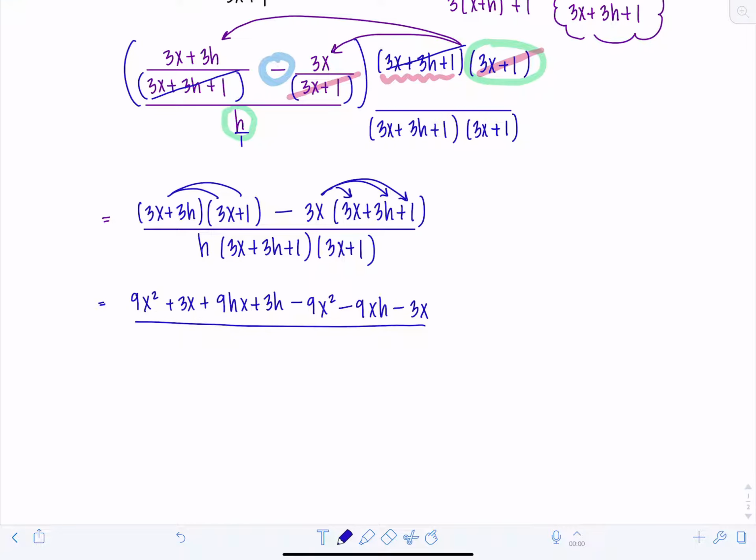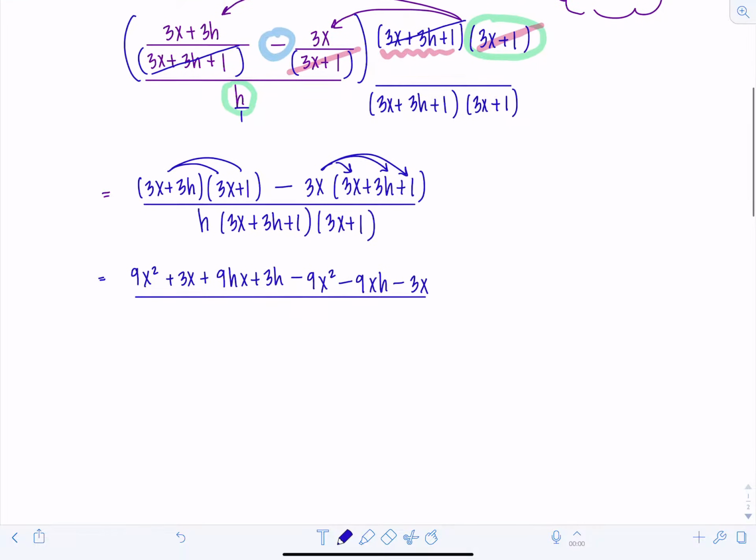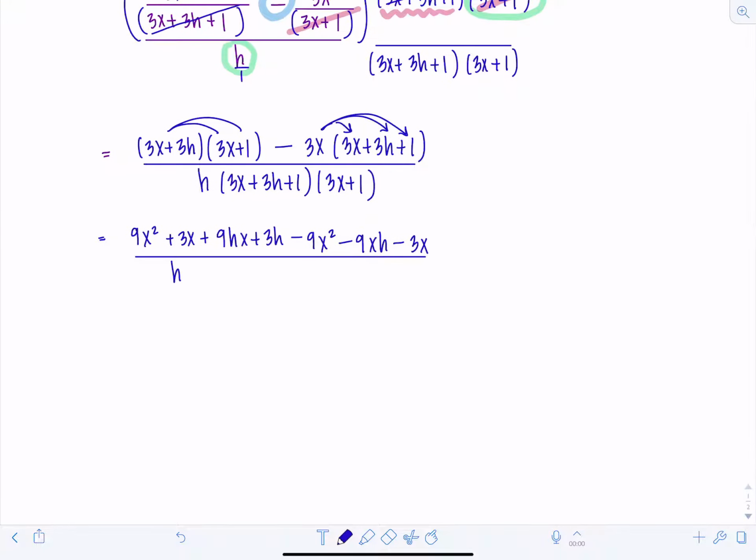And then this is all divided by, now no need to multiply out the denominator, just leave it factored, h times 3x plus 3h plus 1 times 3x plus 1. Great.